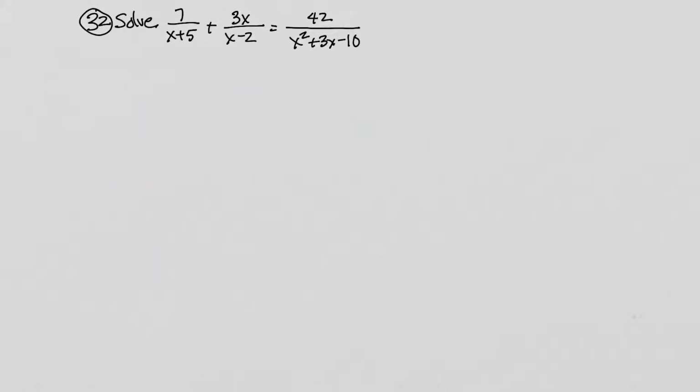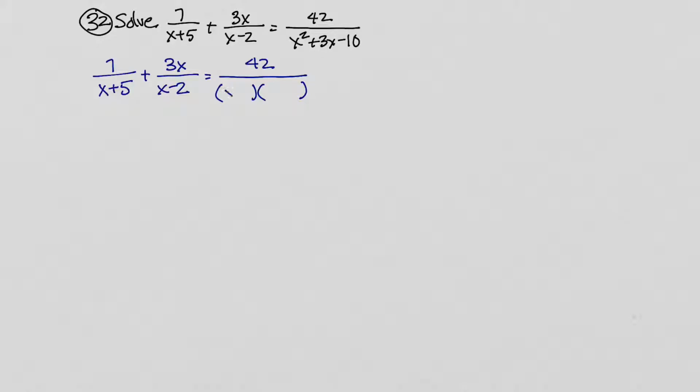Let's get started on this one. So what we need to do first is find the LCD, and we need to do that by factoring this denominator right here. So let's rewrite everything with that factored denominator. So 7 over x plus 5 plus 3x over x minus 2 equals 42 over, now this is probably not going to be a surprise, but look at this denominator and look how this is going to factor.